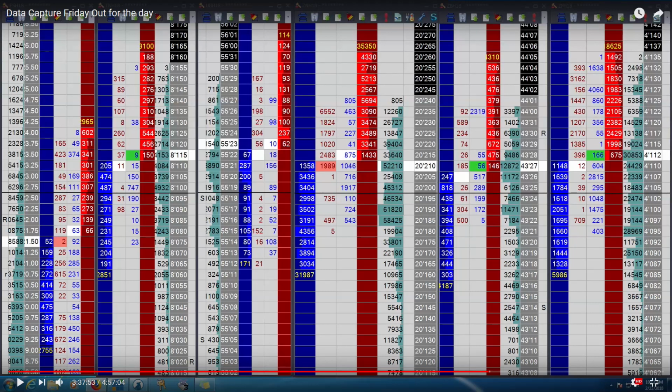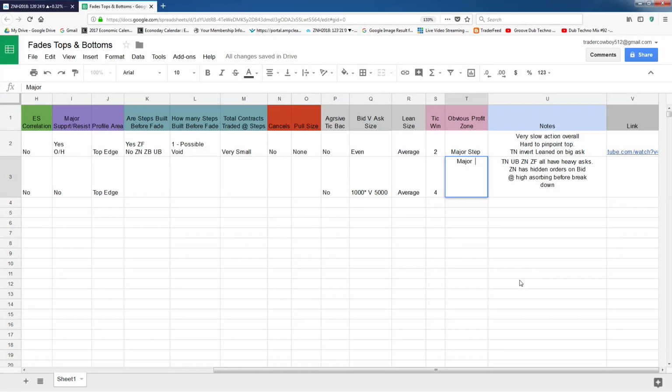But I'm going to call it 4, because the last one reversed before the giant step. Okay? Major step. Again, you're not seeing me type that in. So 4 ticks, major step.